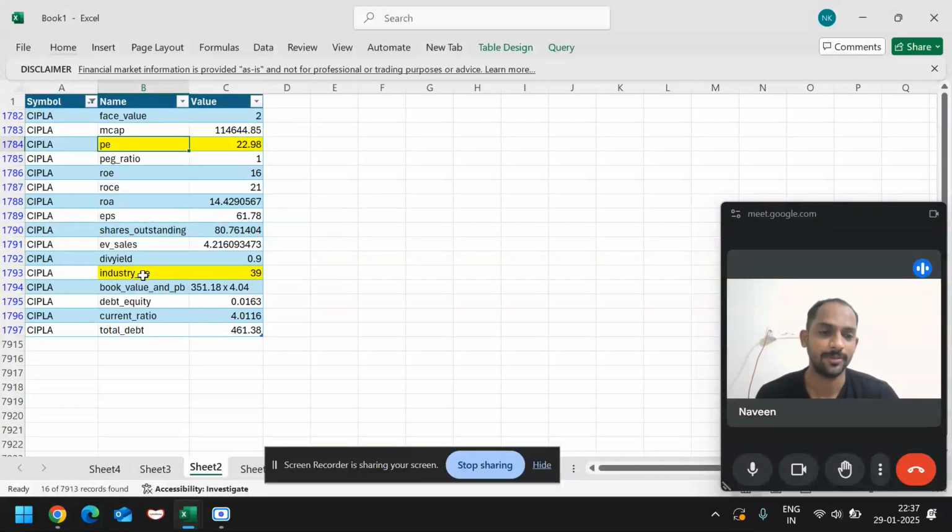If the PE is less, that means the company's future growth potential is also less. People are ready to pay a lesser price because they are not seeing the growth in the company. If the PE is higher than the industry PE, we can say its growth potential is high, and people are ready to pay more for its earnings. And Cipla's debt equity is also under one, which is fairly not much leveraged into debts, which is decently good.